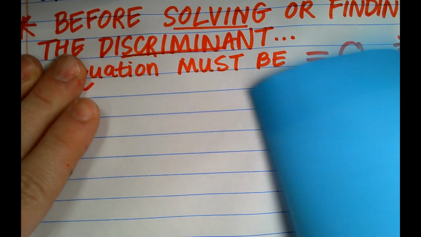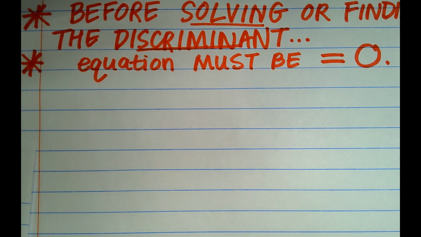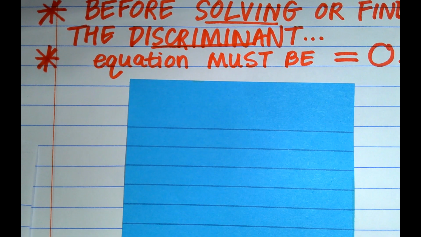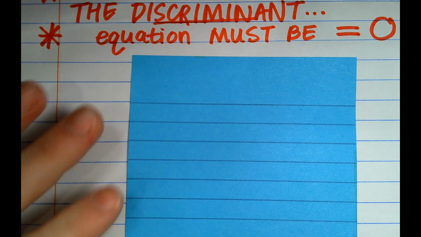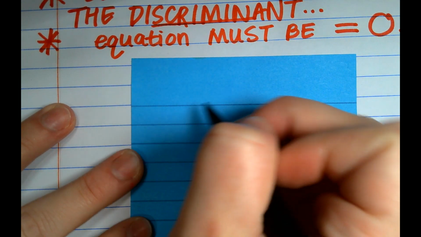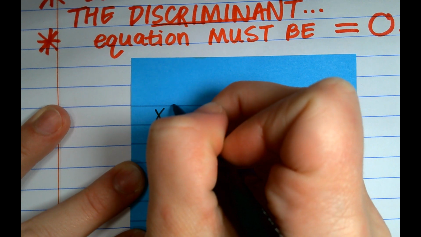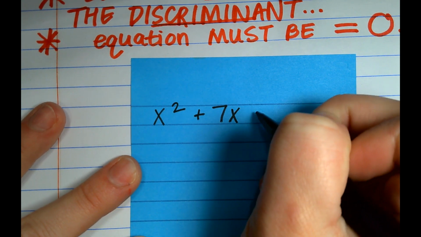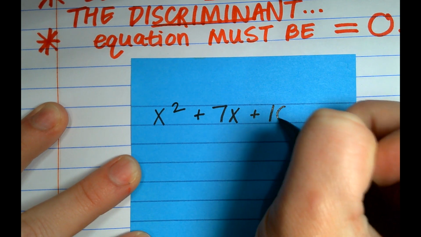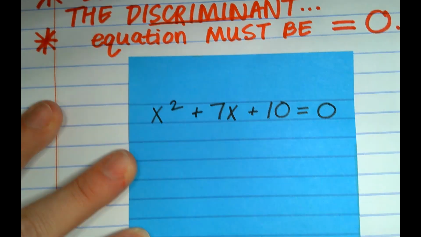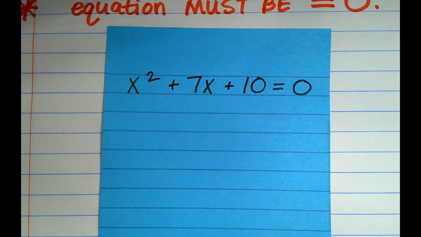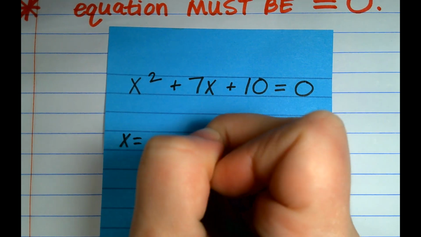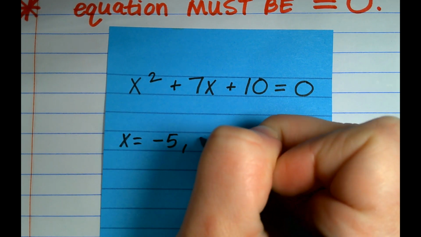Let me move this to the side and make one more note page. So here's that original problem. X squared plus 7x plus, it was 10 after we fixed it, equals 0. Okay, so we found that x equals negative 5 and negative 2.